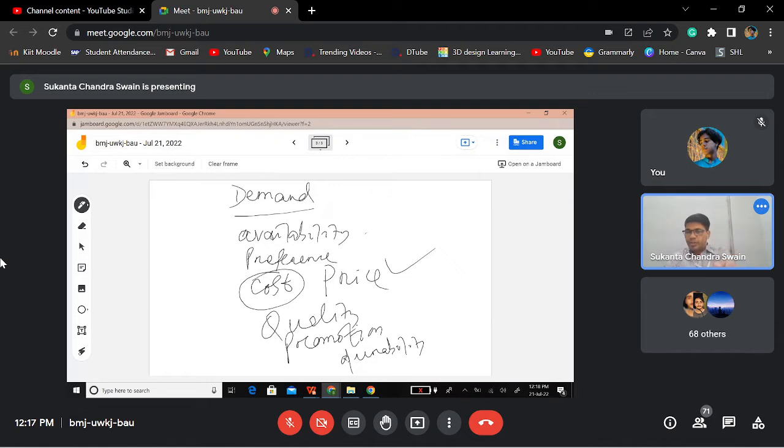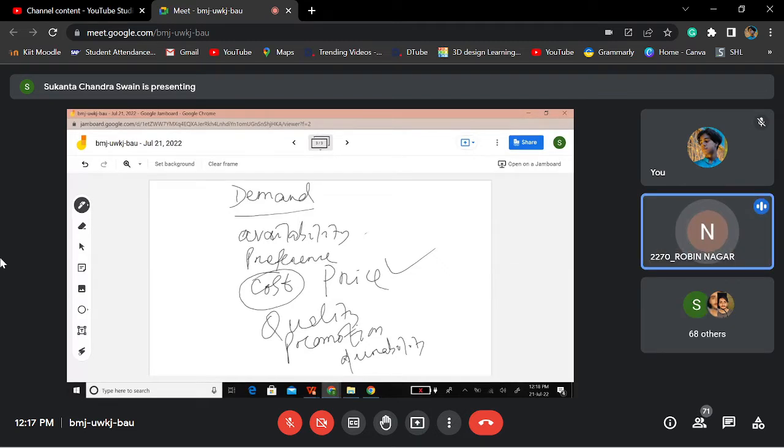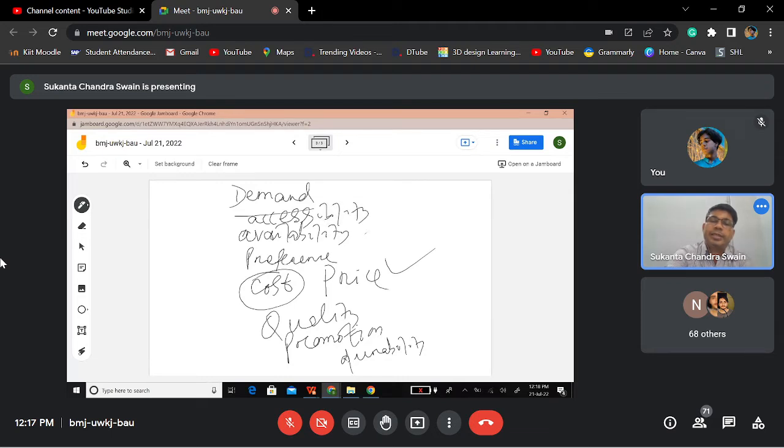Whatever points you have mentioned, all are important for influencing the demand. But out of those, easily accessible. Okay, accessible. It is a good point, but it is not in the three important points. Accessibility. Anything else?